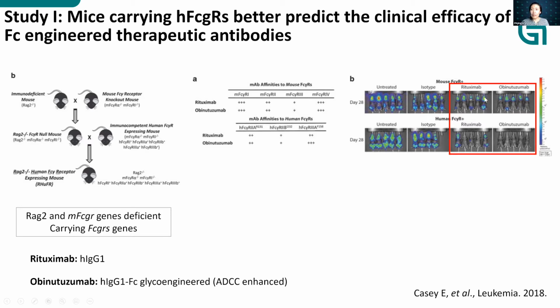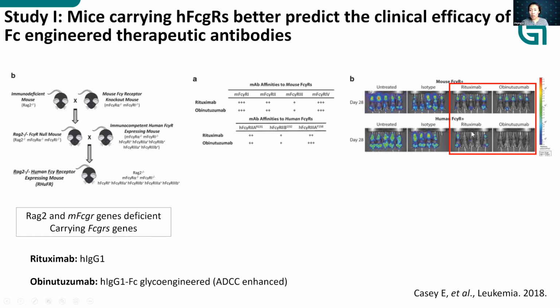On top of that, in the control mouse, both of the antibody treated groups still have some tumor staying with the mouse at day 28. In the humanized animal, that is a huge improvement compared to the mouse FcγR receptor situation.